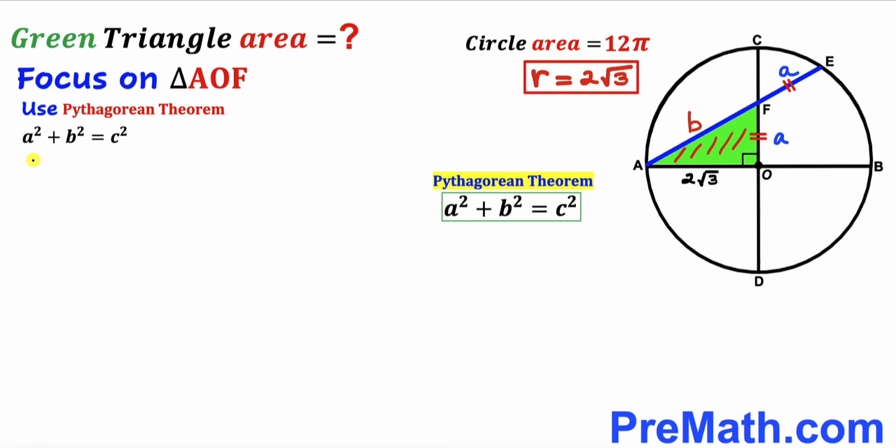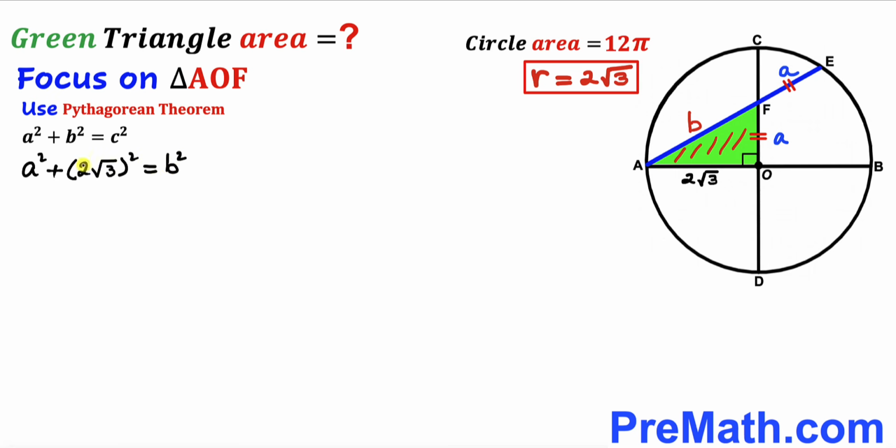So we have a² plus (2√3)² equals b². Let's simplify. We can write a² plus 12 equals b².